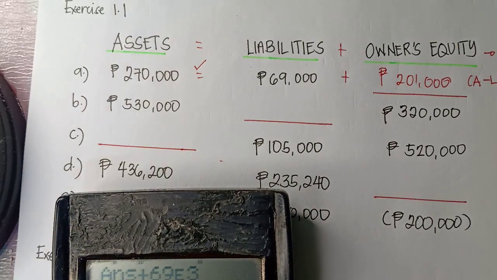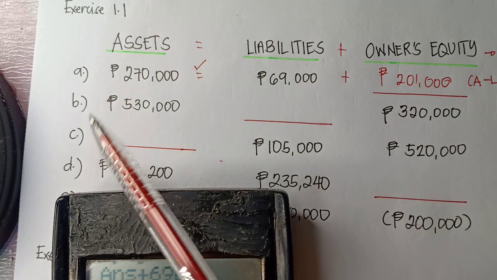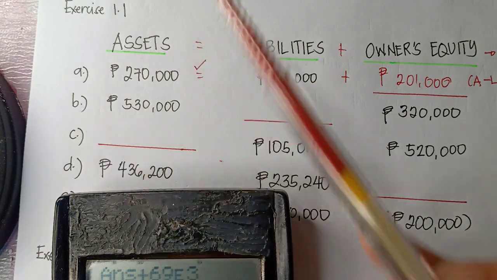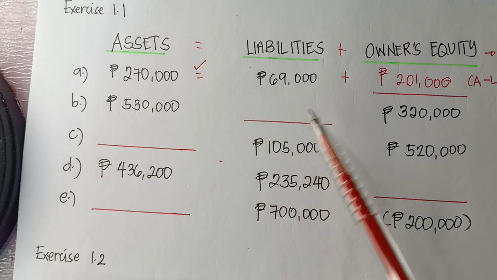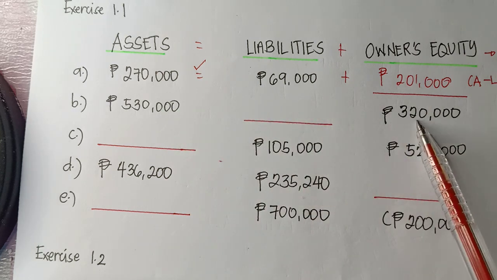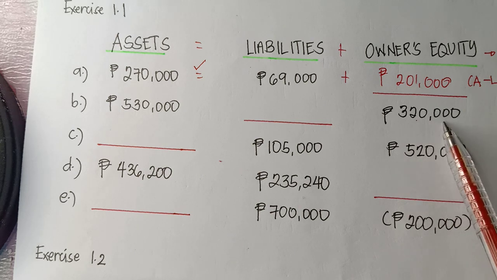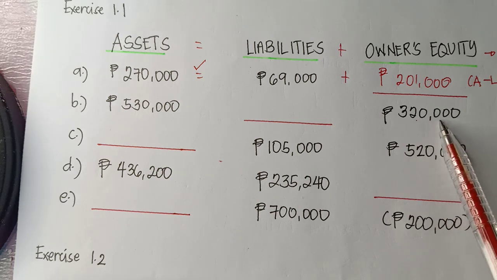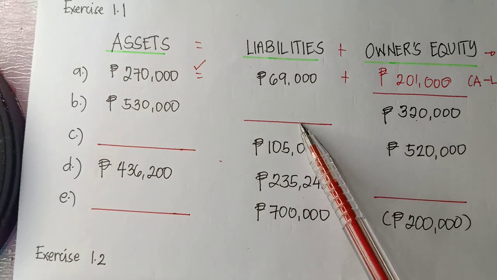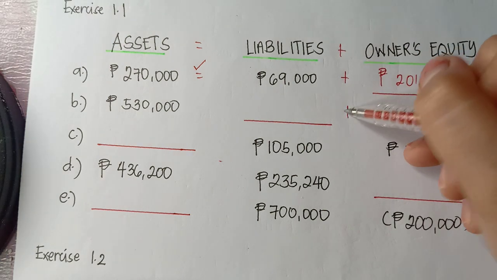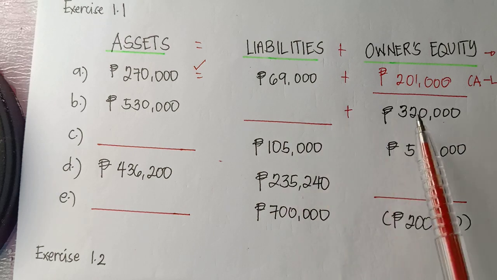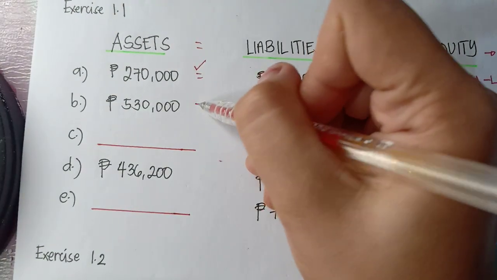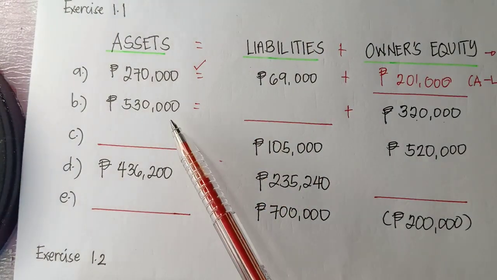Now, let's proceed to letter B. We have assets worth 530,000, liabilities missing, and the owner's equity is 320,000. Now, we will find the liabilities. How much are we going to add to our owner's equity in order to be equal with our assets?